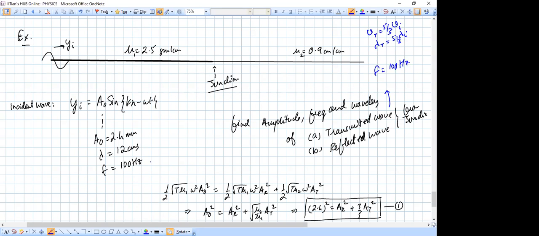So lambda of incident was 12, so lambda of the transmitted wave will become 5 by 3 times 12, so that's 20 centimeters. Whereas for the reflected wave the frequency is the same and the wavelength will be the same as the incident wave, so that is 12 centimeters.